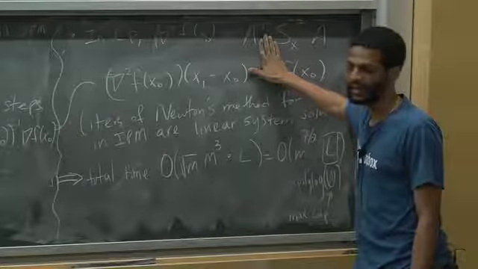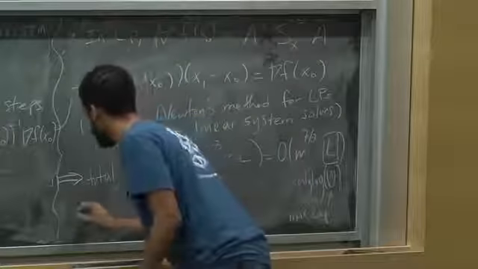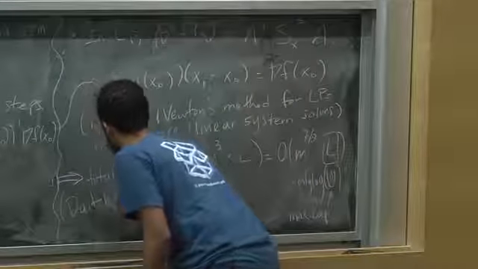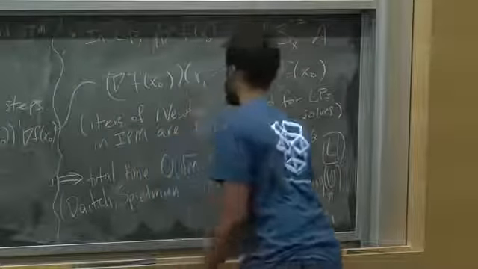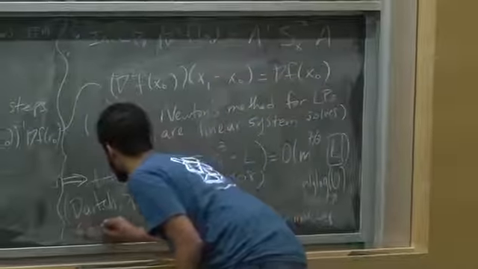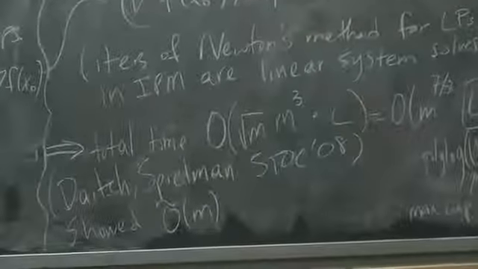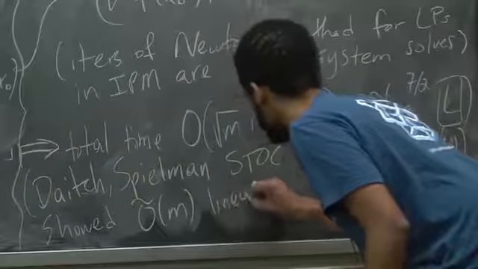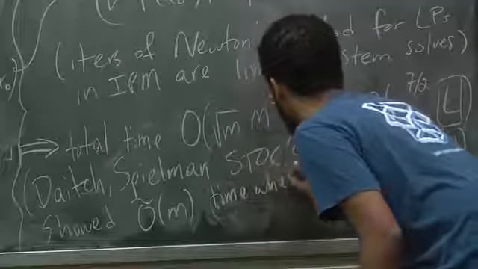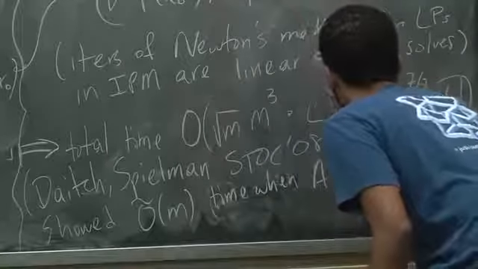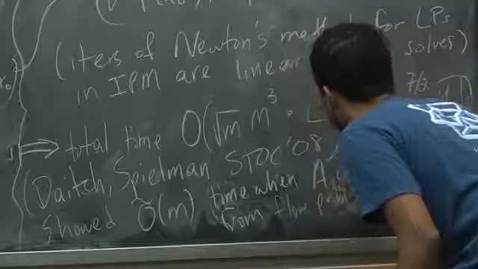And that was exploited in a 2008 paper by Deitch and Spielman, STOC 2008. They showed O tilde of m linear time, where O tilde hides polylog m factors, when A comes from a flow problem. It's not an arbitrary A.